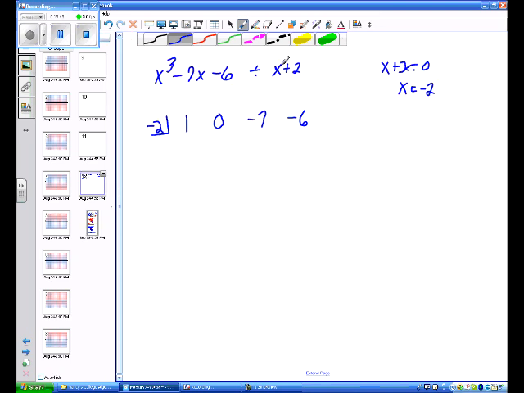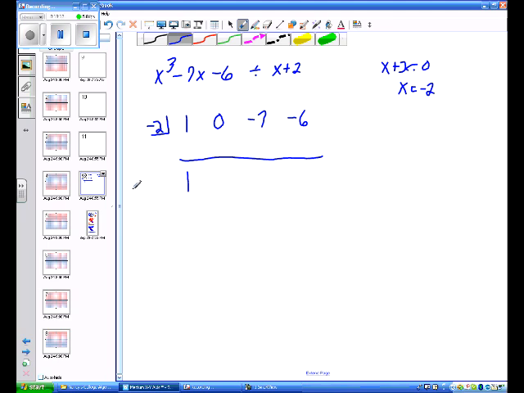The coefficient also has to be 1. If the coefficient's not 1, then we would have to do some things to deal with that. Now you're going to leave a space and then draw a line. We're going to take the first number and bring it down and write it right below the line.